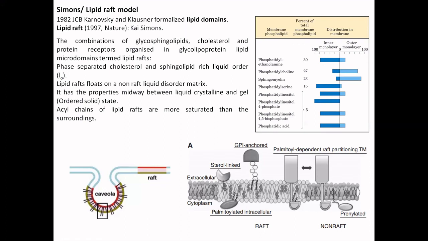So till now, this is the updated, improvised, or most optimized understanding of the plasma membrane. We started from the composition that it is made up of lipids. Now we know that the sphingolipids and the sterols, along with the proteins, are floating on the sea of the non-raft liquid disordered matrix that gives them the mosaic appearance, and it is selectively permeable.